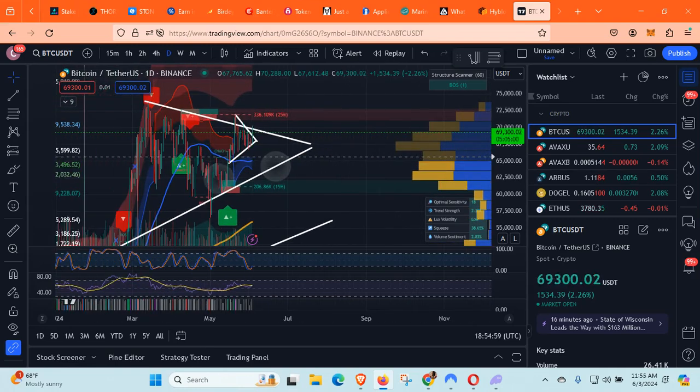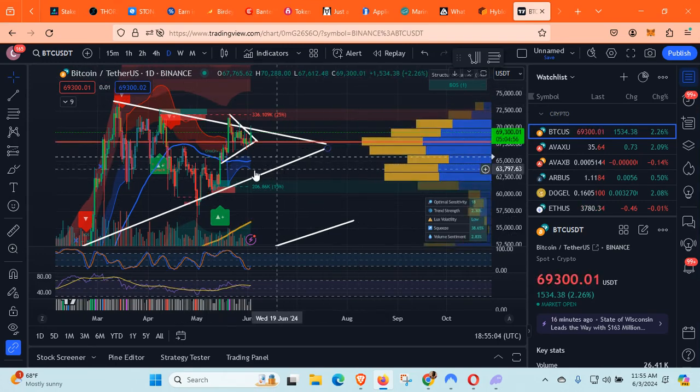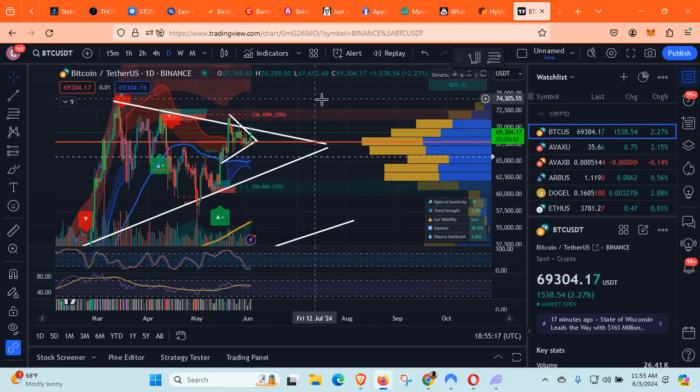However, I use a lot of different indicators in confluence, including the 200 EMA, the 50-day moving average, Lux Algo, which is a paid indicator, the Fibonacci, some volume profile indicators, and a few others, the stochastic and the regular RSI. However, I do notice that we have a bit of a wedge here.